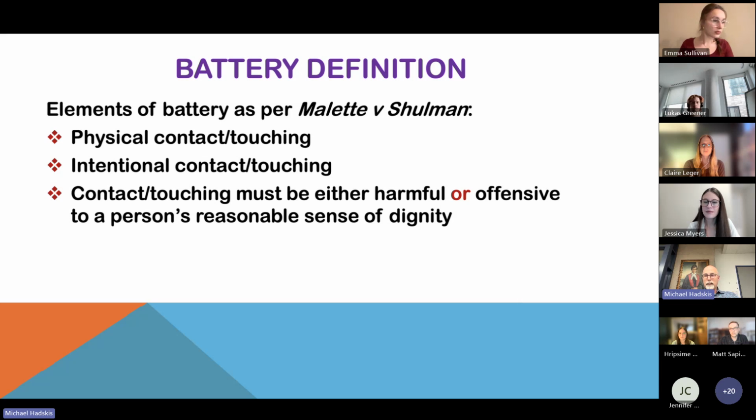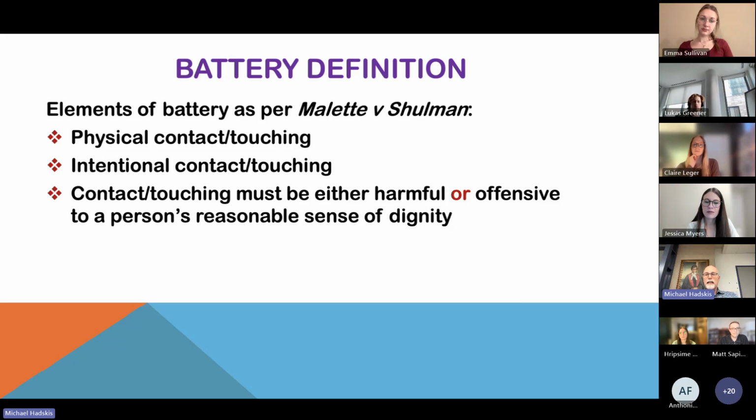You're going through the skin and putting substance into your veins. So it happened at the point that needle touched her body for the purposes of administering blood, right? Okay. So there we have our physical touching.